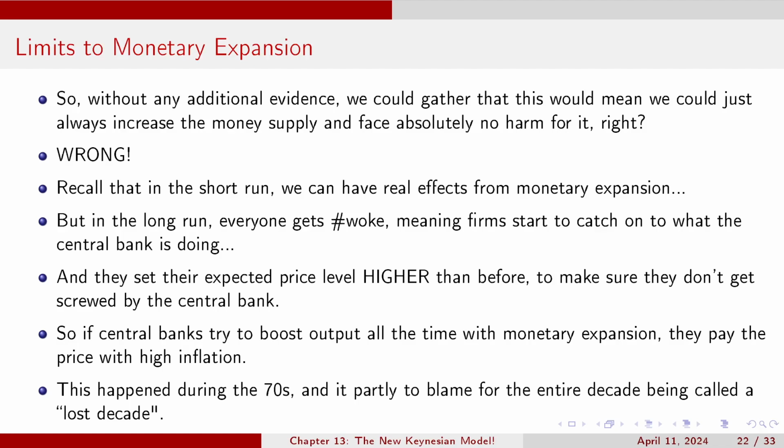But eventually we settled on high inflation and high expected inflation, and that's when Paul Volcker came in and really cut the money supply to try to bring inflation and expected inflation back down, and he did so very drastically, very quickly.